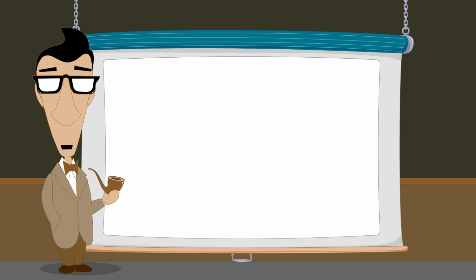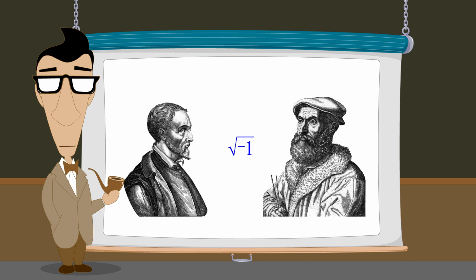Complex numbers, built upon the concept of imaginary numbers, were first proposed back in the 16th century in order to calculate solutions to certain types of equations that were unsolvable using real numbers.